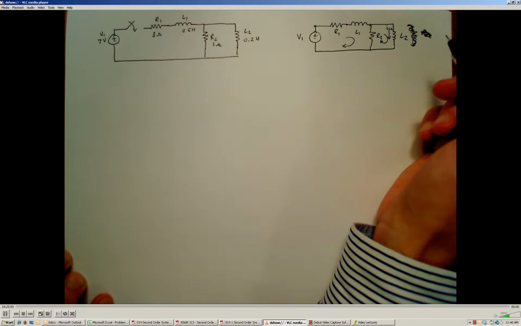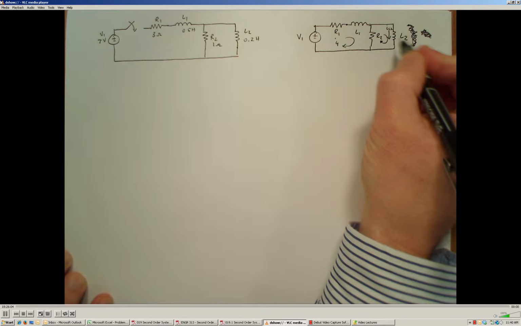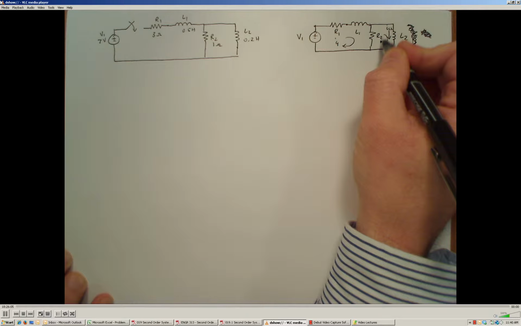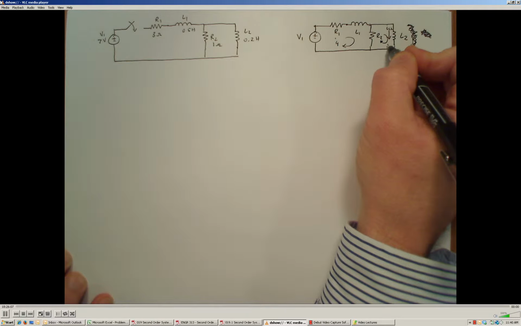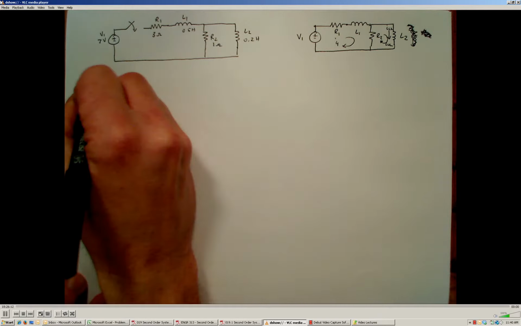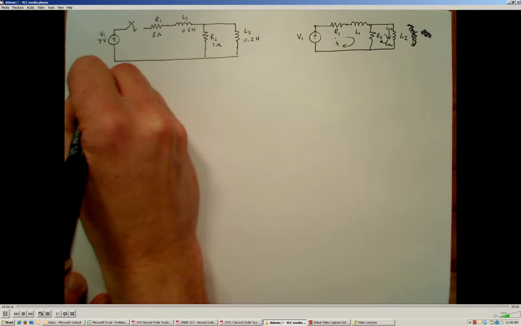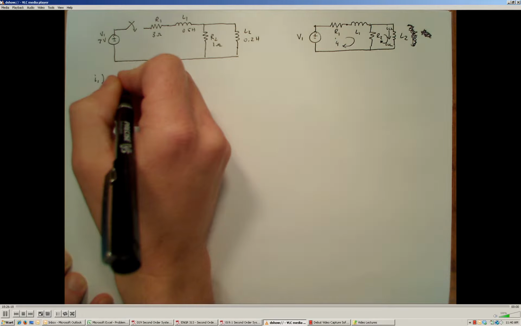So I'm going to call this mesh current right here I1, and I'm going to call this the IL2 current. Okay, so the first thing I need to do is to develop the mesh current relationship for I1. Remember that the mesh current method is based off of Kirchhoff's voltage law.